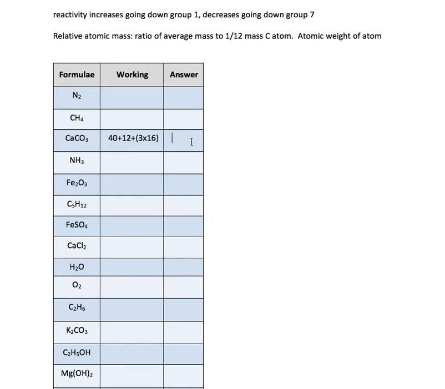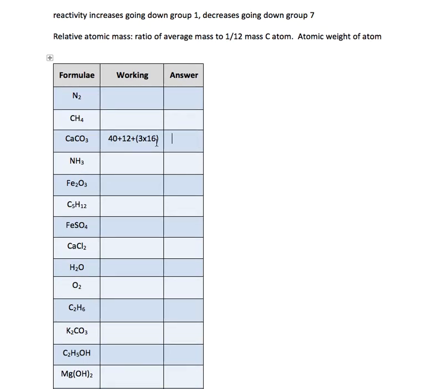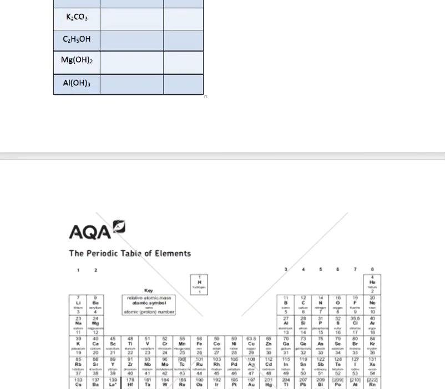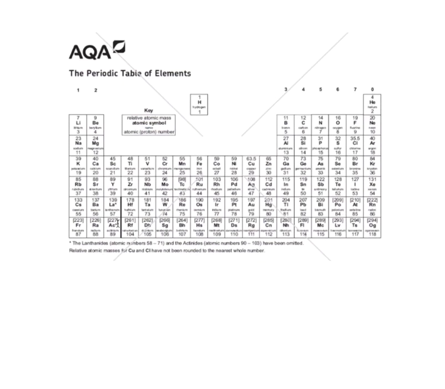So you've got 40 plus 12, which is 52, plus 3 times 16, which is 48, gives you 100. So that's what you do for all of these. And I'm going to leave you to do that for a few moments. So I'll ask you to stop the video and then come back once you've done them all.